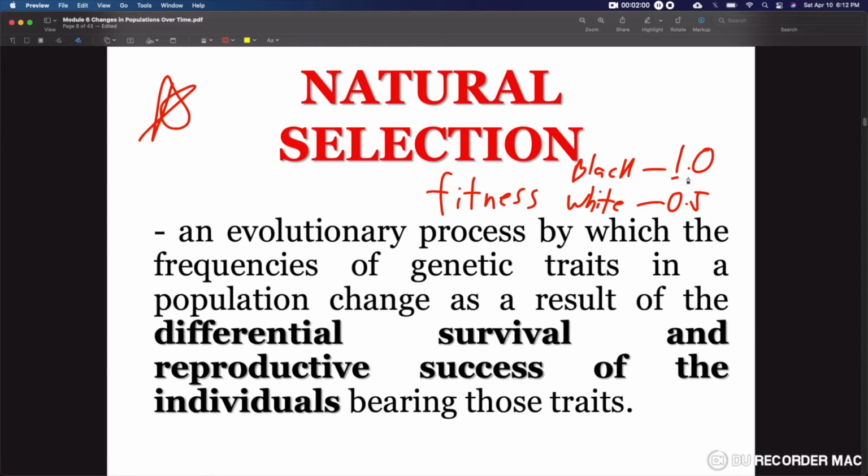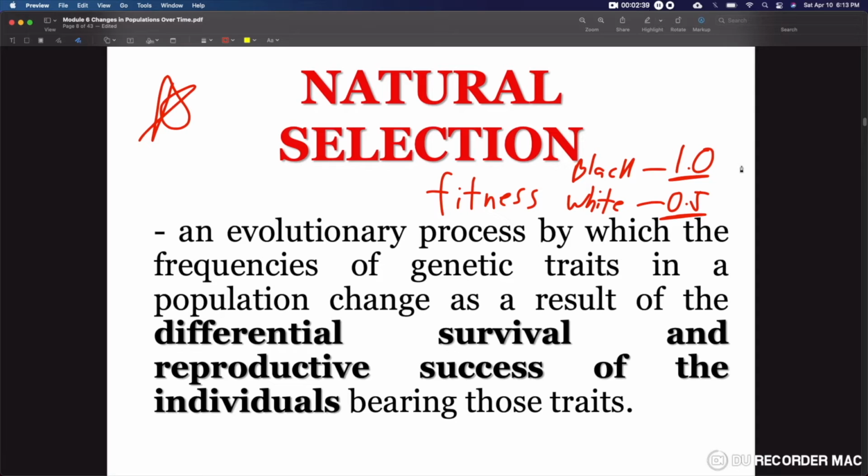Because the melanin in the black person will block out the harmful rays and make sure that the organism will mature to reproductive maturity and be able to reproduce. For the white person in the tropics with less melanin, the harmful rays of the sun will penetrate the skin, may cause cancer, but more specifically, can cause the folic acid in the bloodstream to degrade, therefore reducing relative fitness.